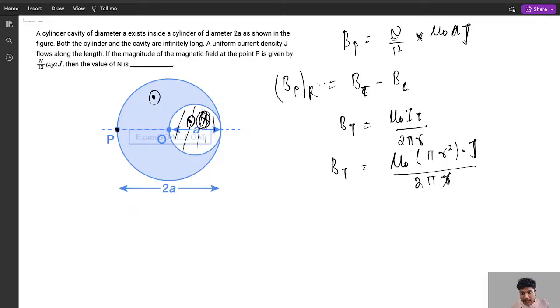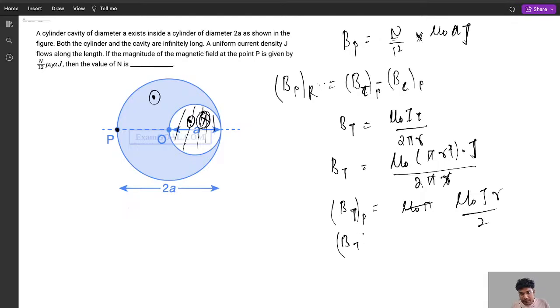You understand this? R cancels out, pi also cancels out, and we get mu naught J r upon 2, B total at point P. Okay, B total at point P and B due to cavity at point P. From here we get B total at point P is equal to mu naught J A by 2.